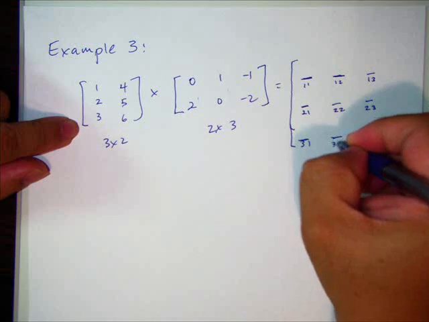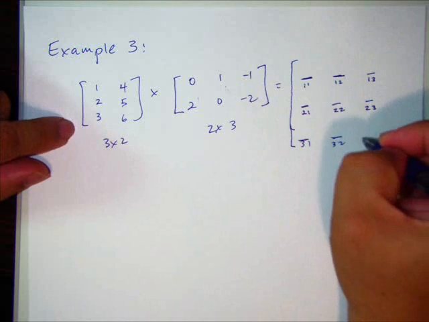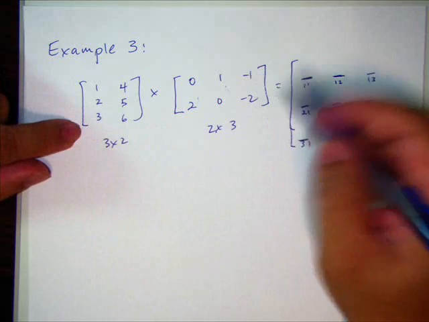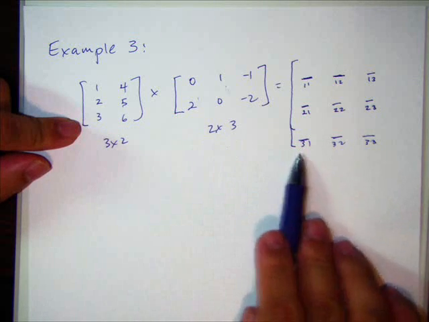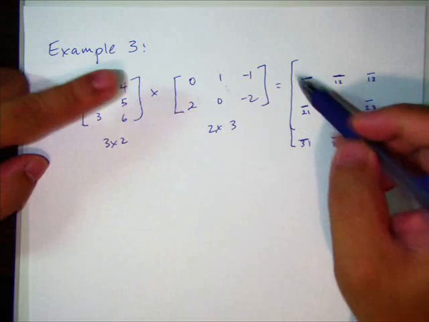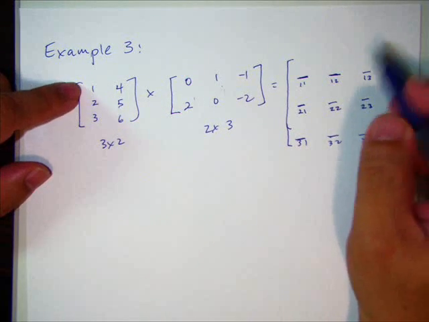Element 3, 2, third row, second column. Element 3, 3, third row, third column. Okay? And if you think about it, it makes sense with these cell addresses, right? Element 1, 1, first row, first column. Element 1, 2, first row, second column. Alright.